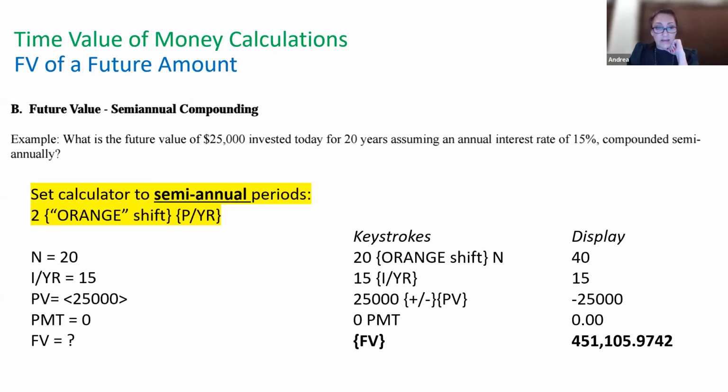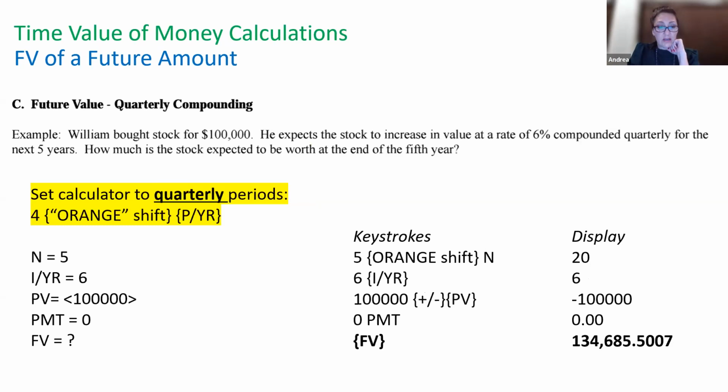All right, let's go and do the quarterly here because we skipped over quarterly in the last one. William bought some stock for $100,000. He's expecting it to increase at 6% compounded quarterly for the next 5 years. How much is the stock expected to be worth at the end of the 5th year?